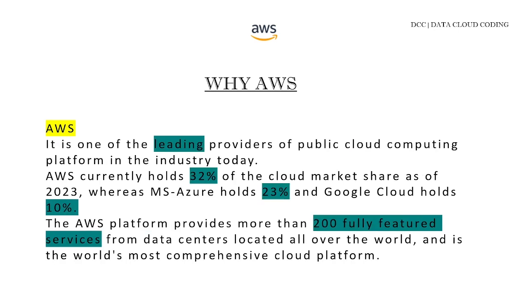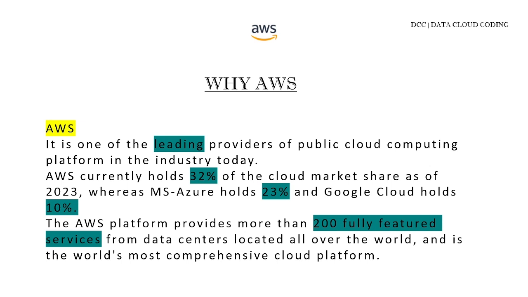So why AWS? Why any user or any particular organization or any, let's say, startup should choose AWS, should go for AWS? Let's see. So it is one of the leading providers of public cloud computing platform in the industry today. And as of today, AWS currently holds 32% of the cloud market share, whereas MS Azure, which is Microsoft Azure, holds 23%, and Google Cloud Platform, short formed as GCP, holds 10%.